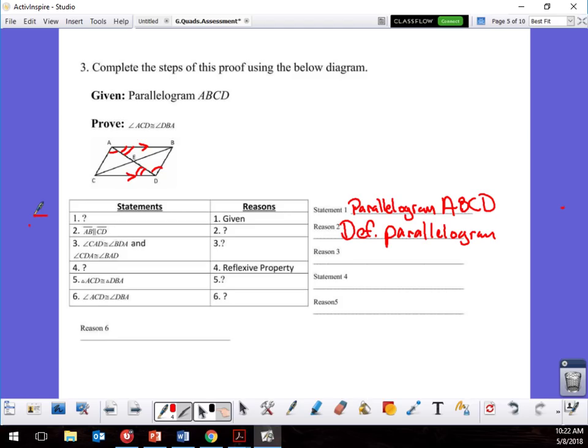There you go. So I mark the triangles. Now, if I'm looking here, why are these going to be congruent? Very good. Alternate interior angles.